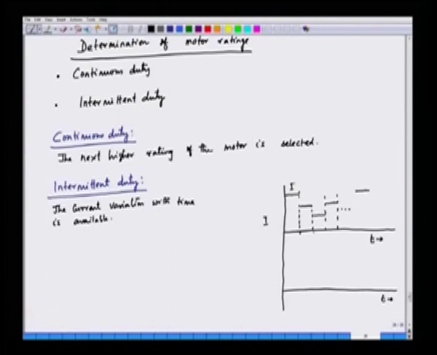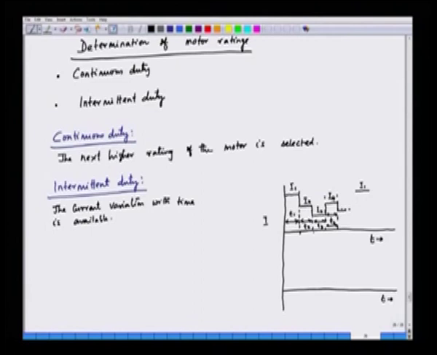So, this is I1, and this I1 is applied for a time t1, and I2 is applied for a time t2, I3 is applied for a time t3, and I4 is applied for a time t4, and so on, and again I1, it is periodic. So, if we have the periodic variation and the variation is like this and so on.